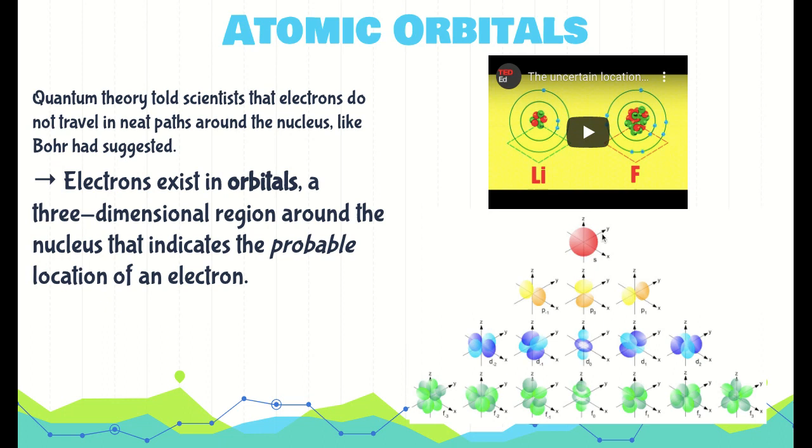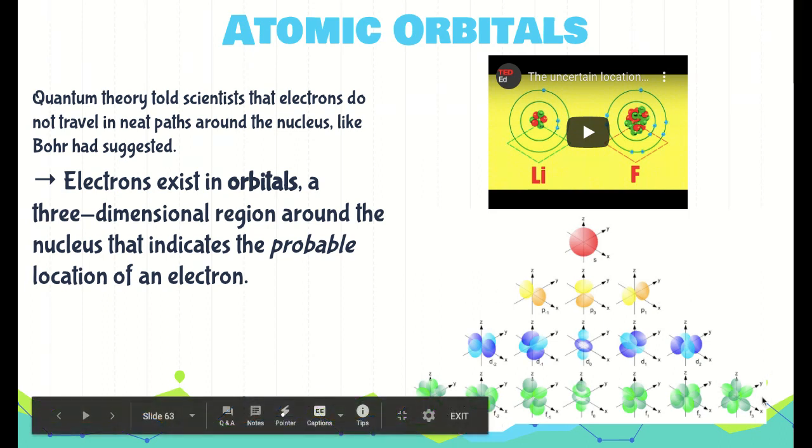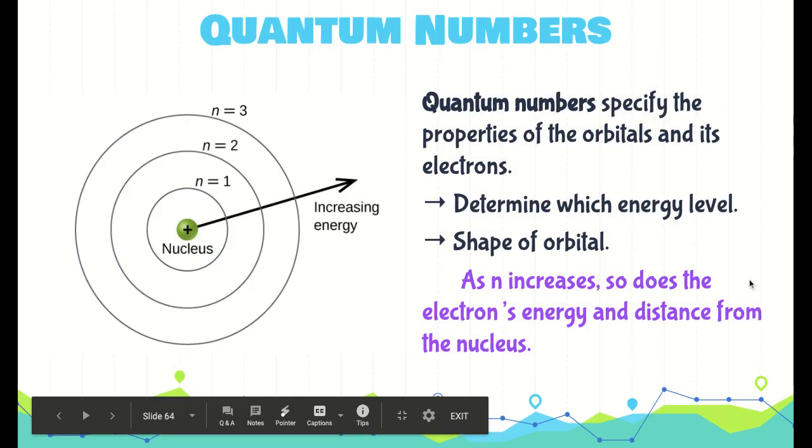Each level is showing a different orbital. Level 1 would be like N1. This is your first orbital, and only 2 electrons can exist there. On the next one, you have 3 different shapes, right? 2 electrons can exist in each shape. So in N2, 6 electrons can exist here. And then you can just keep going on. I think you guys can understand that pattern.